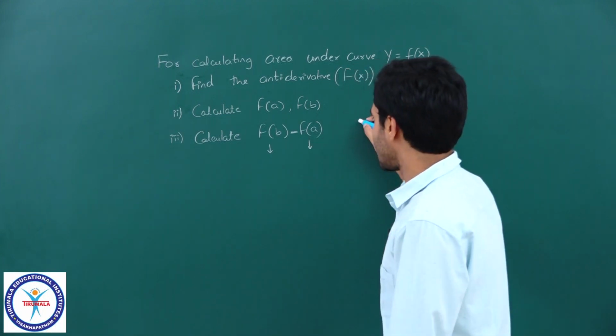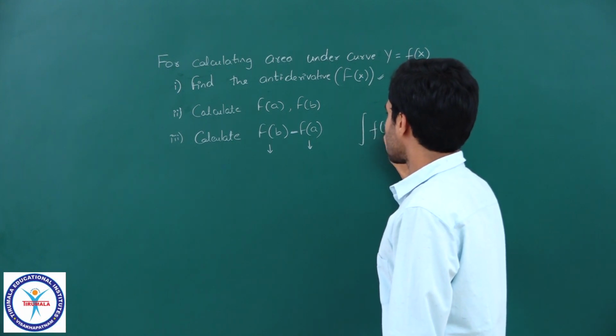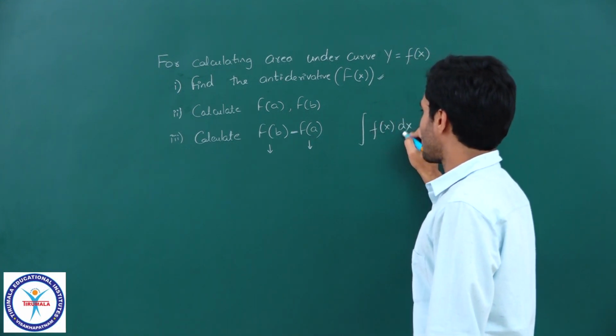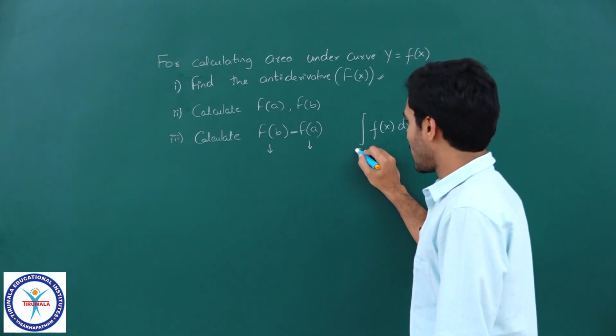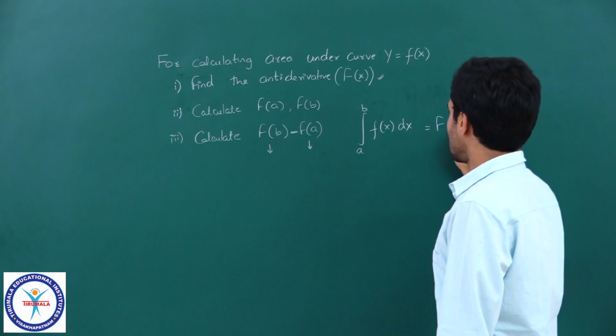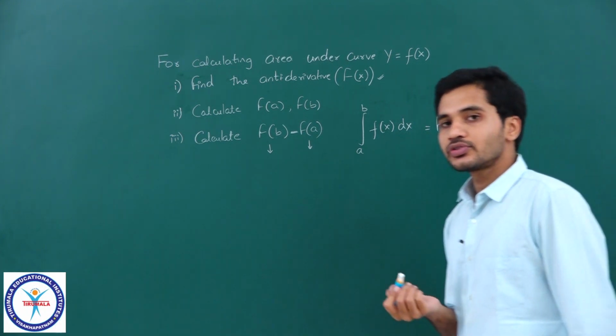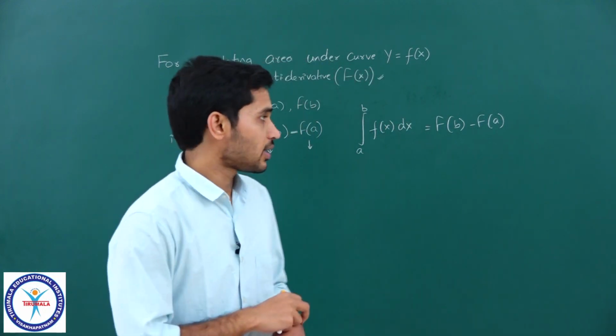So we will be writing it as integral of f of x dx from a to b is equal to f of b minus f of a, right. So this is what we have discussed in last class.